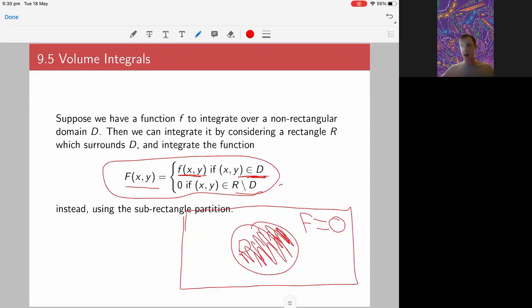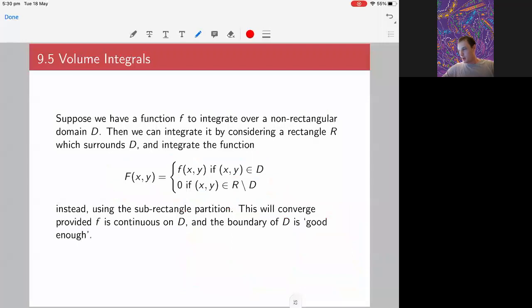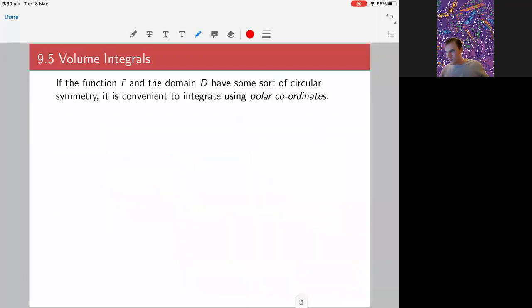All right, now we're going to get to some more examples of functions to integrate over certain domains. But before we do that, we need some more theory. So the thing is, we're going to try and integrate using polar coordinates. So what does that mean?